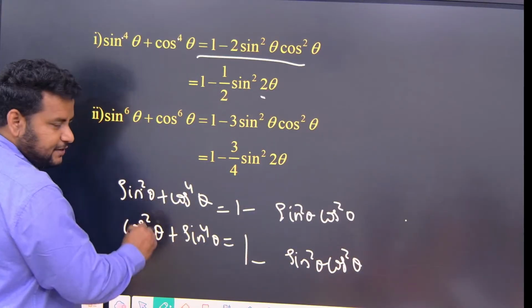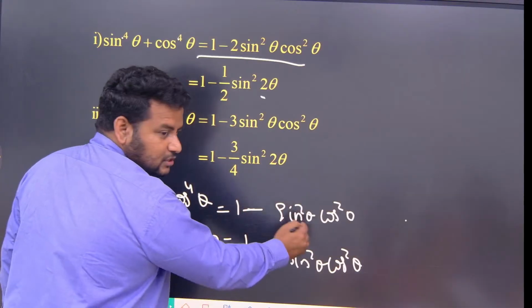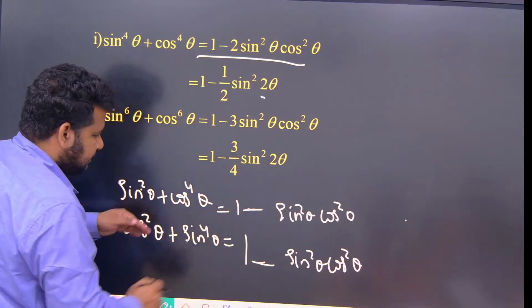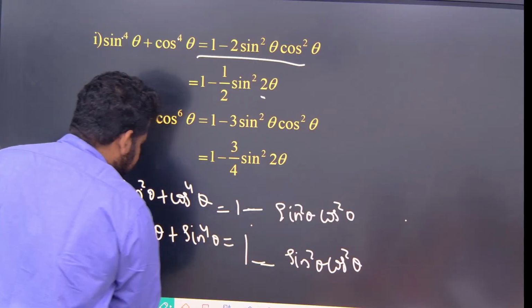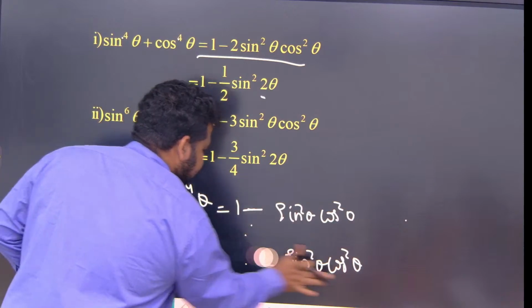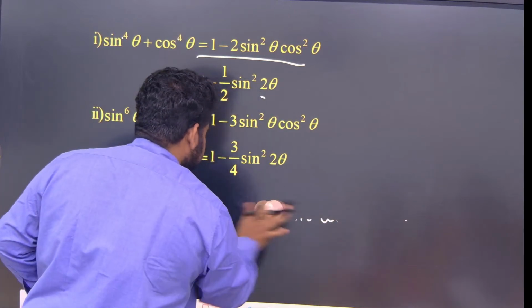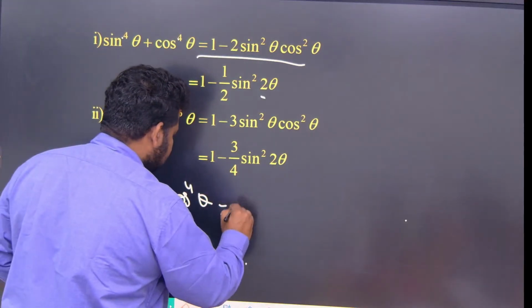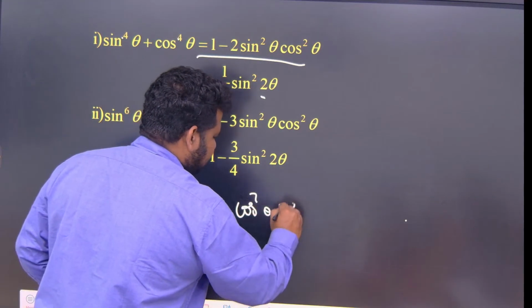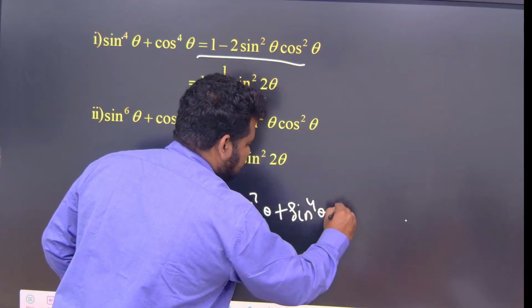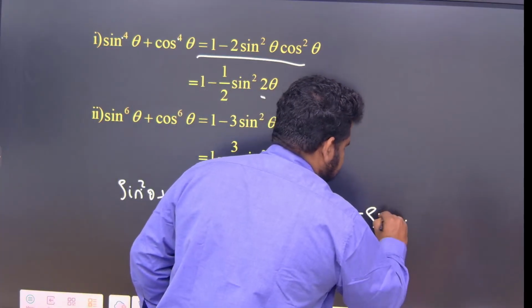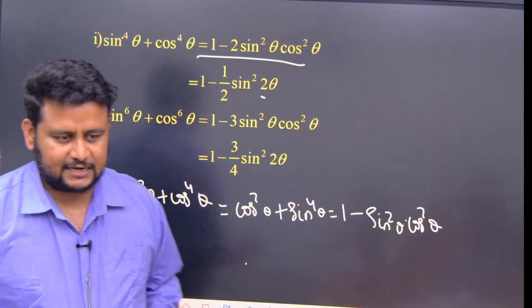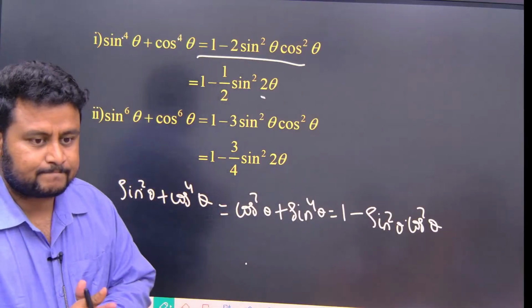Lowest power 2, 2 divided by 2 is 1. So this is only this much. So whether it is sin square theta plus cos power 4 theta, this will be equal to cos square theta plus sin power 4 theta, which will be equal to 1 minus sin square theta cos square theta. Clear? Understood? Any doubt, Siri?